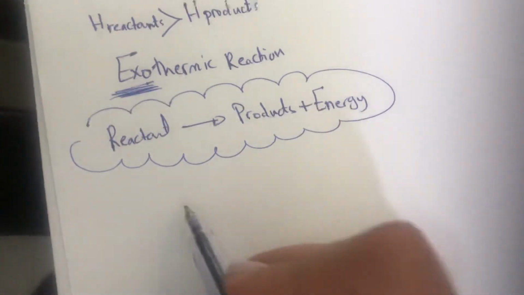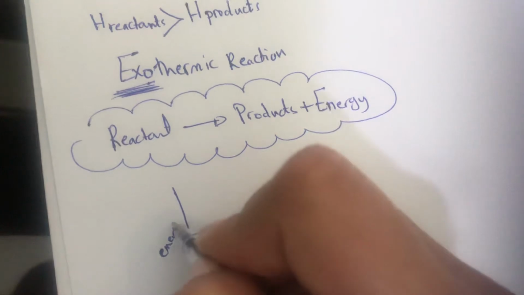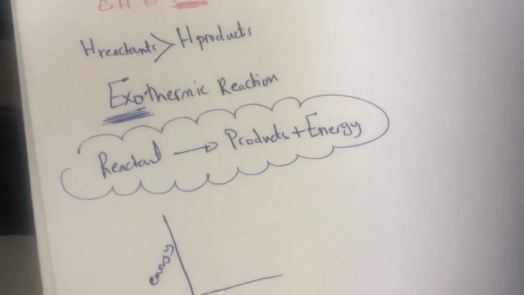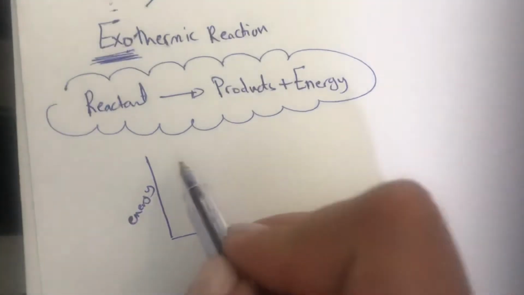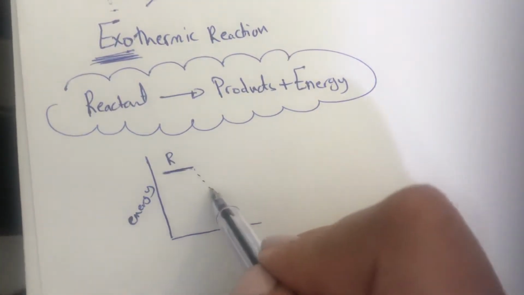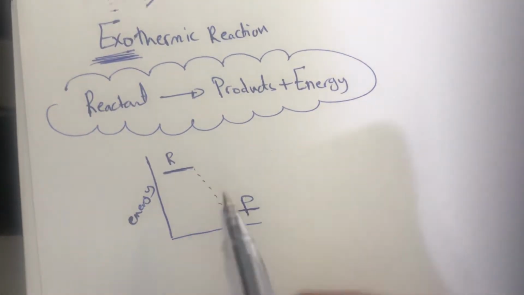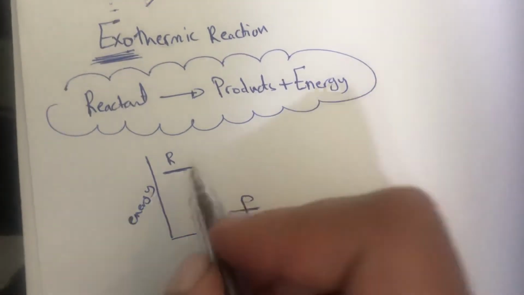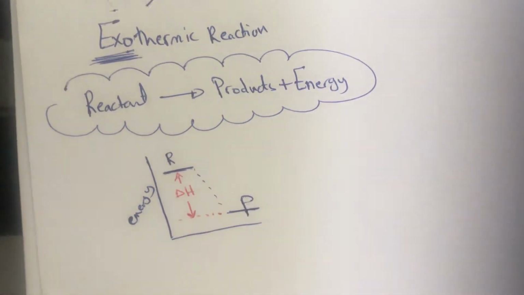If you want to draw a plot between the energy or enthalpy of reactant and product, which of these has the higher energy? Reactant. So the graph shows the energy of reactant and the energy of product, and the energy released during this reaction is called delta H.